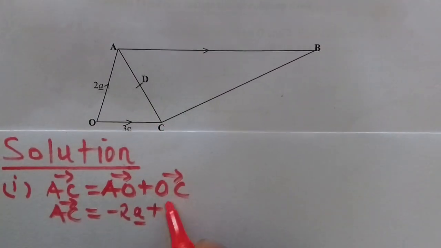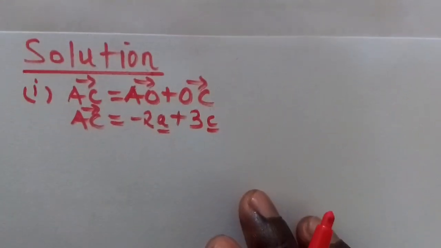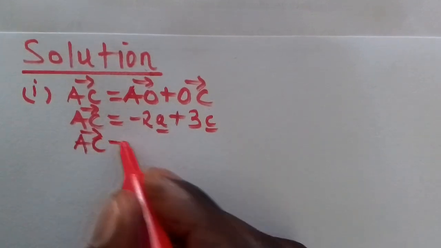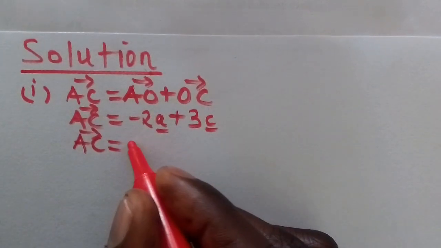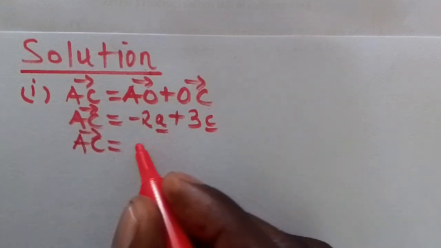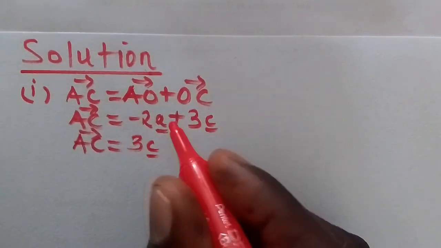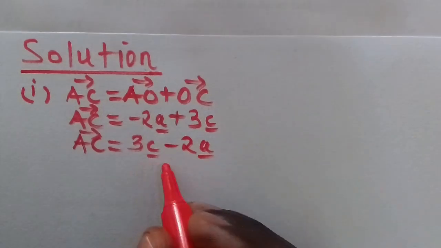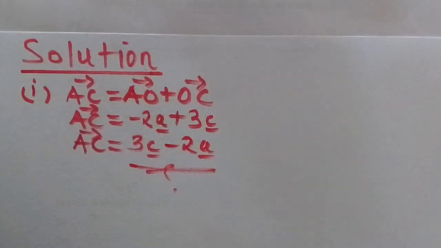So for this one, we just say 3c vector. So this can be written as AC vector is equal to 3c vector minus 2a vector. So this here is the AC vector.